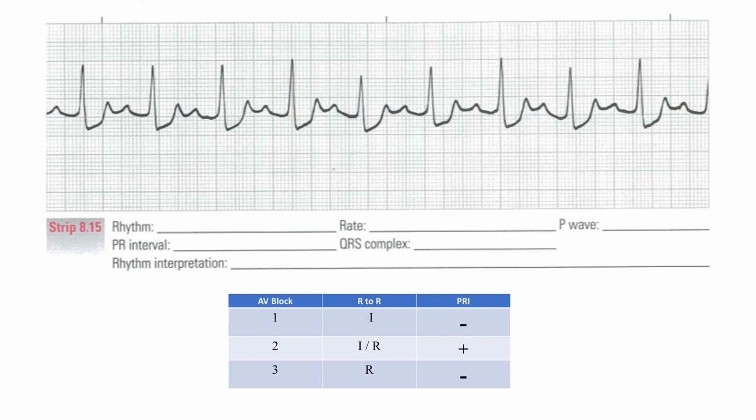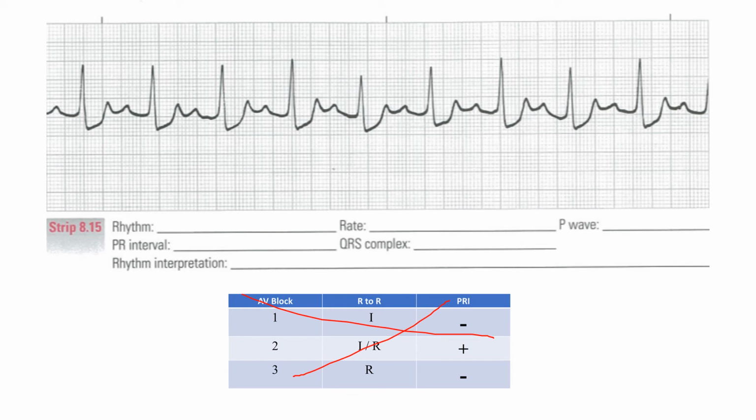And so your QT interval, you measure from the beginning to the end. It looks like about 10 boxes, so about 0.40. And our interpretation of this rhythm is, because it's not a higher grade block, we don't even need this chart down here.